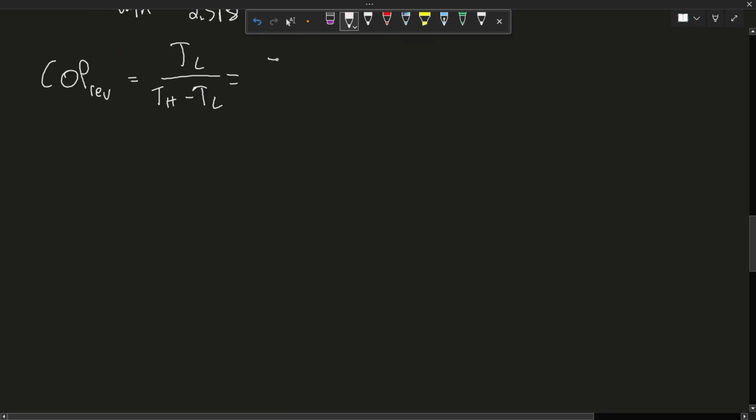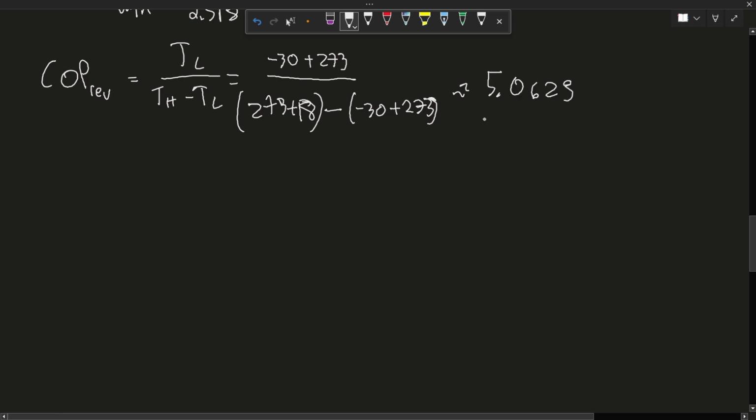We have to do this in Kelvin, so 273 minus 30, and 273 plus 18 degrees from the water. That's going to give us a value of about 5.0625. This is the maximum coefficient of performance that we can receive.